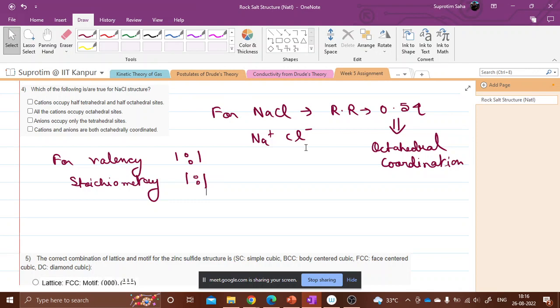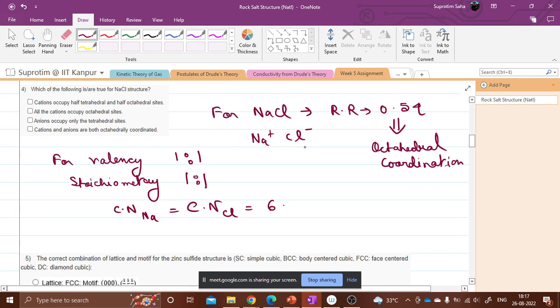And remind you that this is not always the case, as you will see in zinc sulfide and CaF2 sort of compounds. They are not of the same coordination number. So the coordination number CN of Na equals CN of Cl equals 6, octahedrally coordinated.